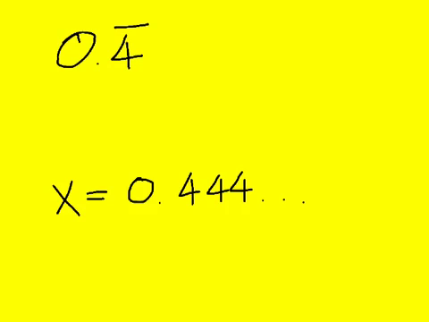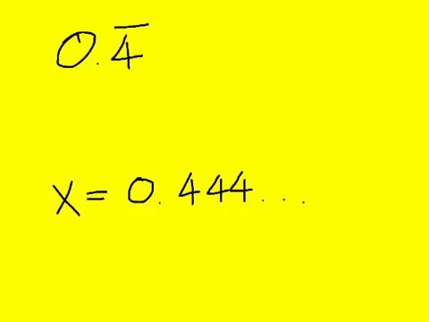So example problem number 1, we'll start out with 0.4 repeating. To change that into a fraction, you must let x equal 0.444 repeating. If you only have one digit that repeats, then you're going to multiply by 10.